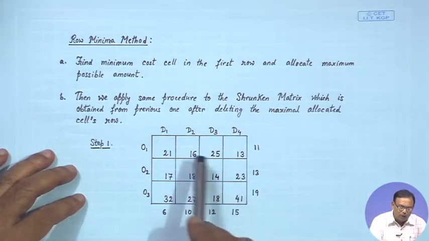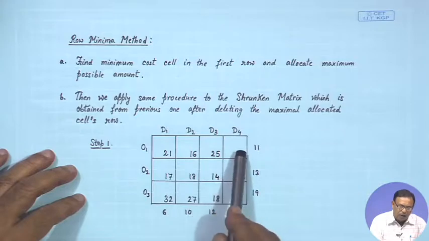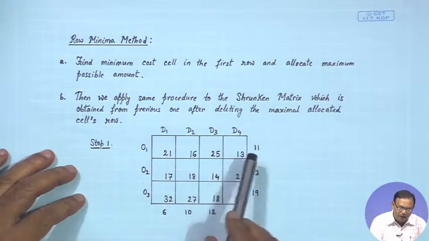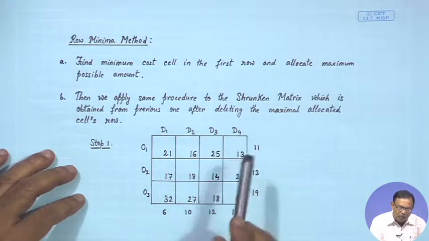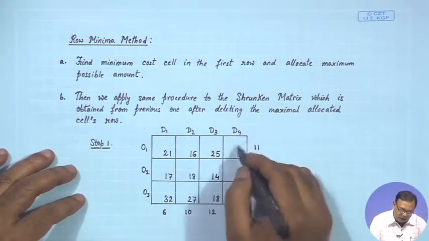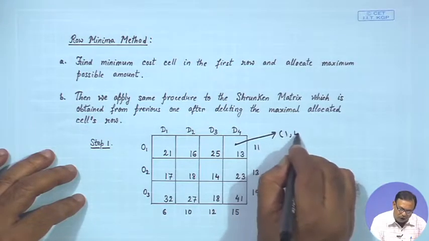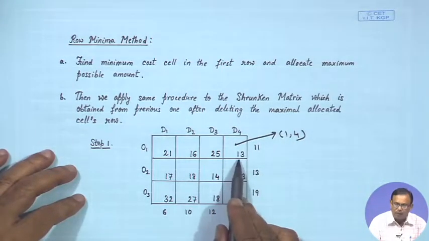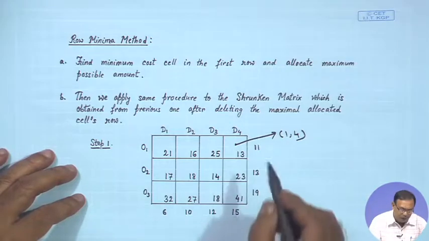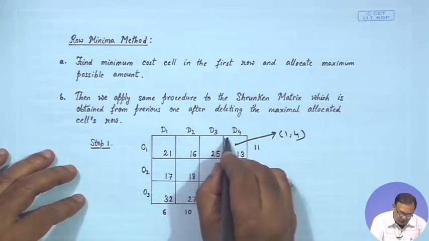So, according to the row minima method, first you choose the first row. In the first row, cell 1 comma 4 has the minimum value. So, you will allocate 11 to this particular cell.